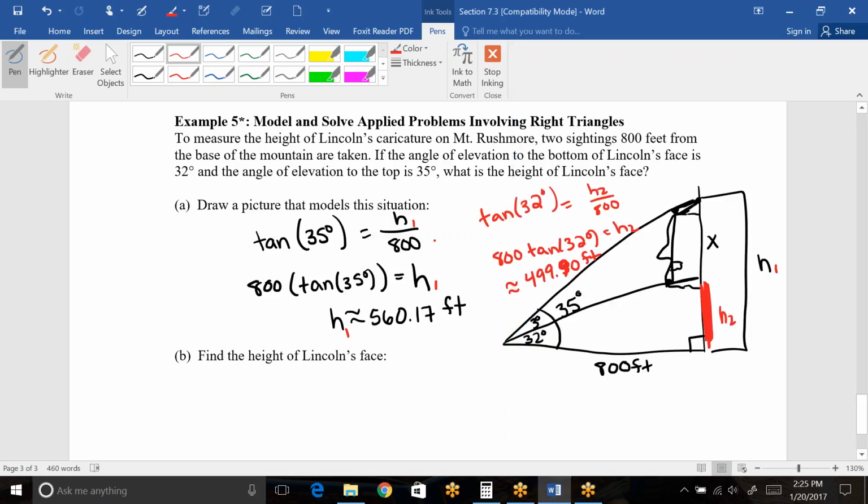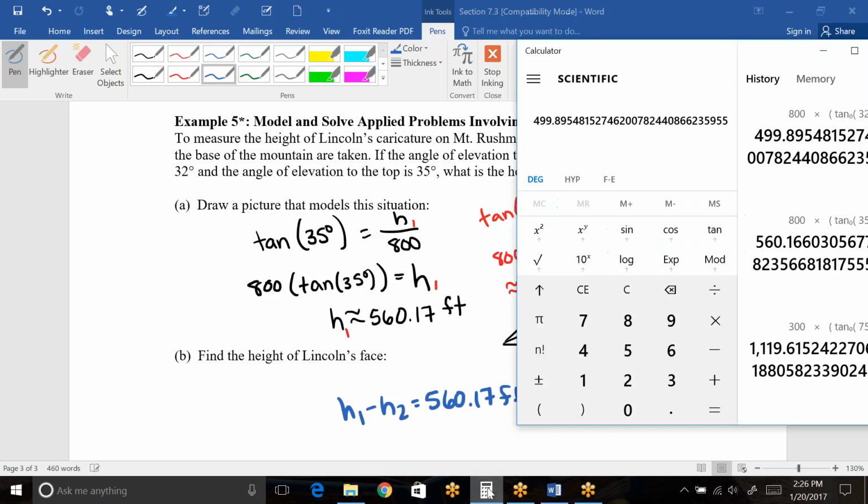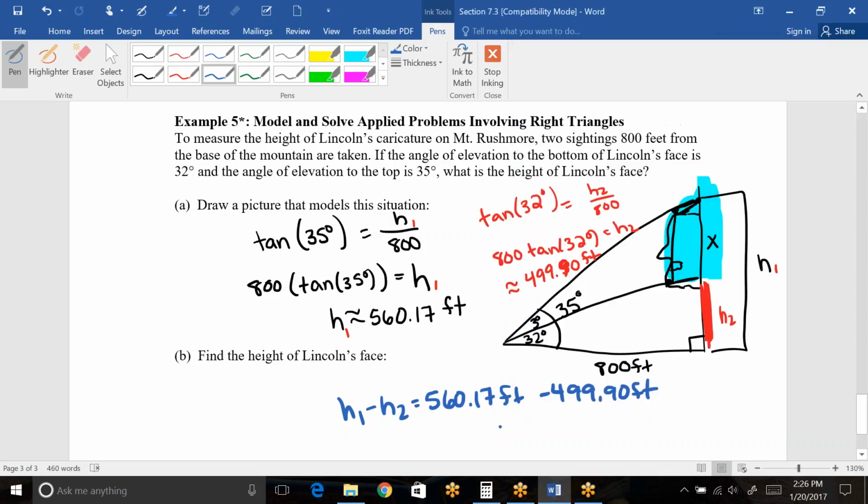Making sure, yes. Okay, so that means that our blue part right here, which is the actual height of Lincoln's head, is going to be related to height 1 minus height 2. So we subtract those two. 560.17 minus 499.9 is 60.27.